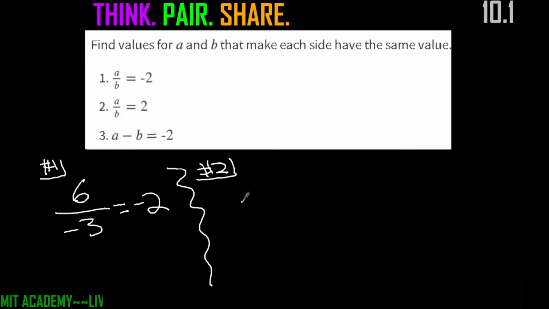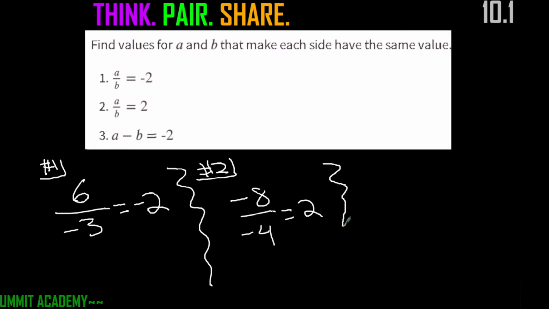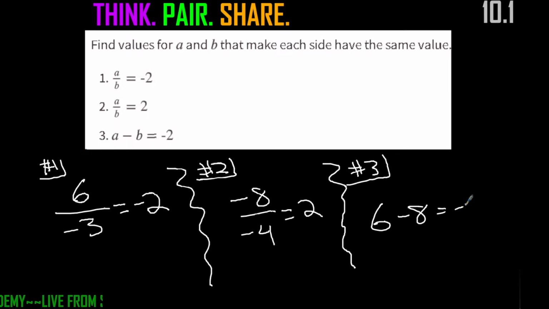But I could even say something like -8 divided by -4 is equal to +2. So try to come up with your own values for these options. And then for number 3, I could say something like 6 minus 8 equals -2. So again, any of those options would work, but what I want you to do is pause and let me try writing that again.